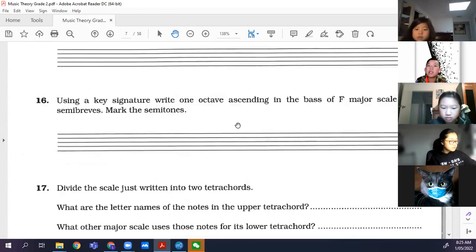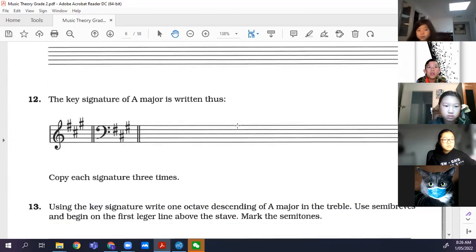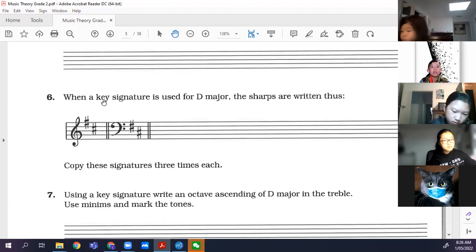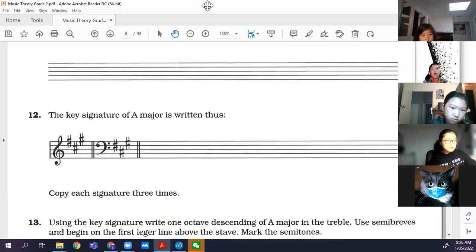So that's for A major. As you can see, none of the sharps go above the stave or below the stave, none of them use ledger lines. They're all put in a very specific pattern on the stave. So that's A major, and this is D major. So take a good look at this. And that. Okay.